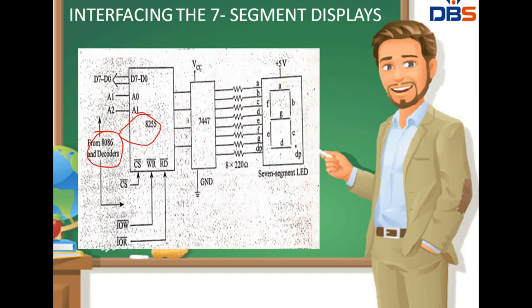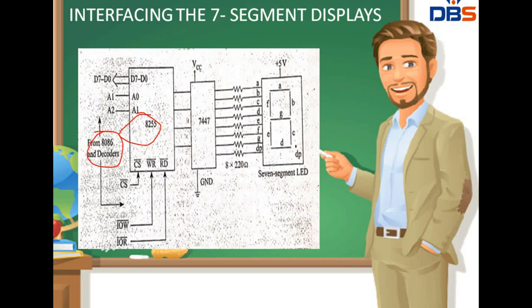Now the 7-segment display, and this IC 7447 is a decoder that converts the 4-bit BCD code applied to its input into the form needed to display the decimal number on the 7-segment display. It arranges the numbers in a 7-bit display.